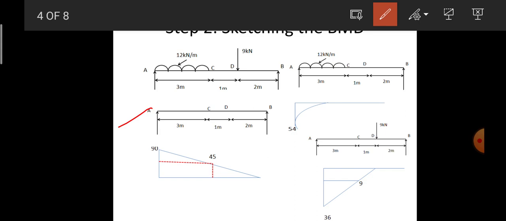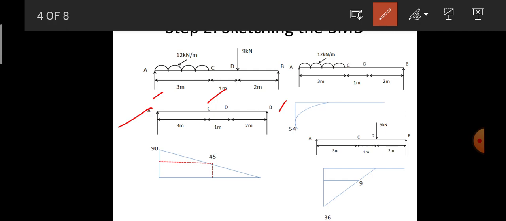Since we have been asked to find the deflection at C and slope at A, only at those 2 points am I going to determine the bending moment values. I start from point B over here. What is the bending moment due to VB that I am going to determine over here?